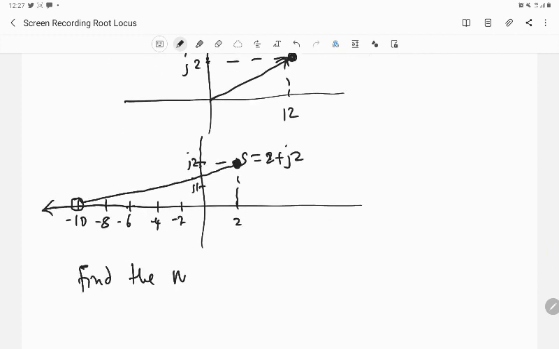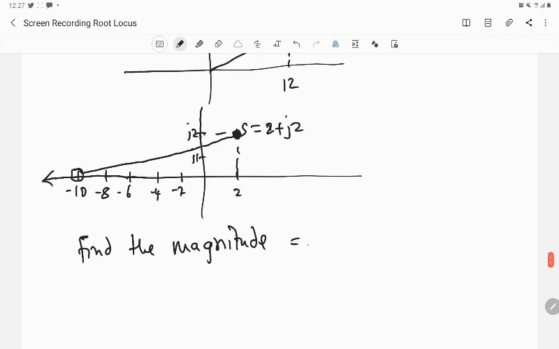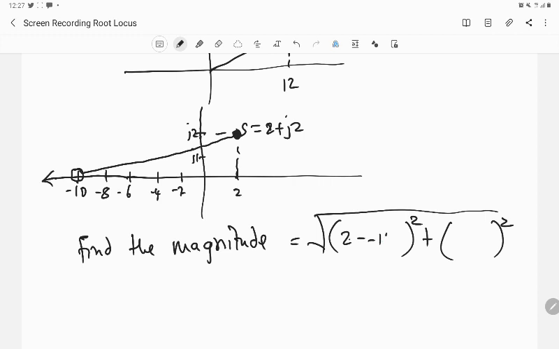Then I can easily find the magnitude, which is going to be equal to the square root of the distance from here to here, which is 2 minus minus 10, and then the distance from this side to this side, that is going to give us 2 minus 0.